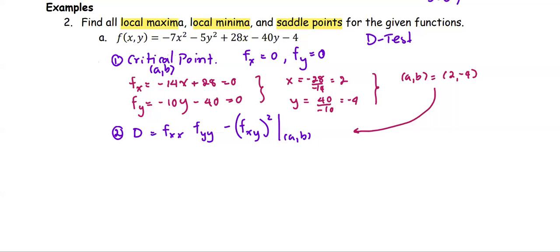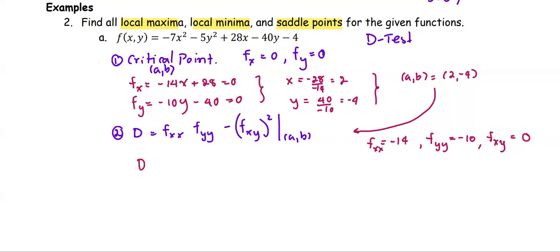For the quantity, we're going to need the second partial derivative with respect to x. From the first partial derivative, we find another partial derivative with respect to x to get negative 14. The second partial derivative with respect to y, we got negative 10. The second partial derivative with respect to x and y, we're going to get 0 in this case.